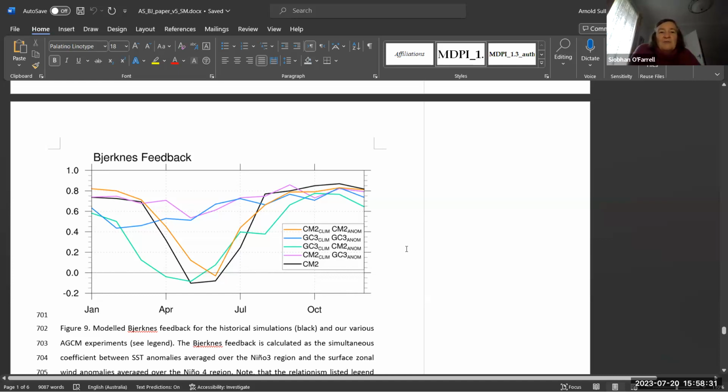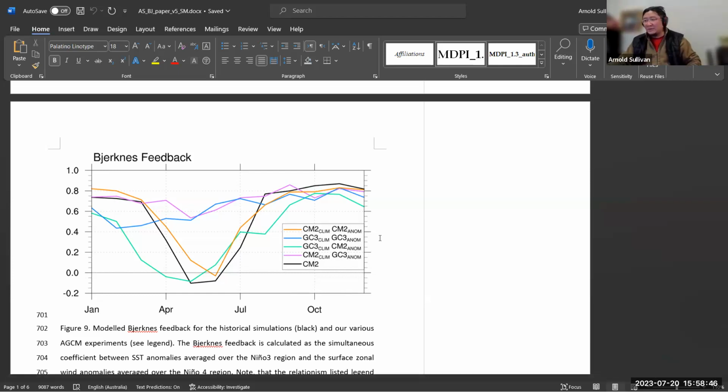Okay, so it's only part of the coupling, only that part of the Birkenes feedback coupling. I tend to think of the Birkenes feedback as the whole coupled system. No, just like NINO3, NINO4, that tropical region only. Yeah, I guess I'm not a simple coupled model person. I'm a full coupled model person, so I tend not to see it that way.